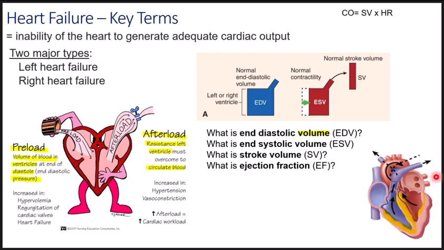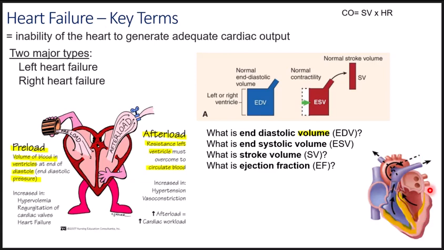The hardened vessels, the narrowed lumens, mean that this left ventricle, to achieve the same thing as in a normal healthy body, is going to have to work that much harder to pump blood into the aorta and then through all those narrowed vessels. So atherosclerosis is an example of an increase in afterload, meaning making that left ventricle work harder.